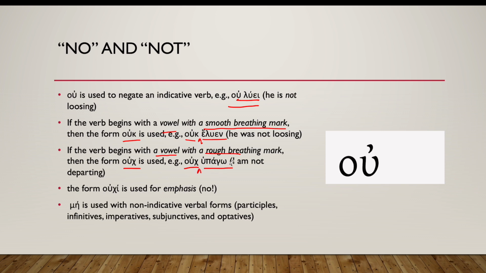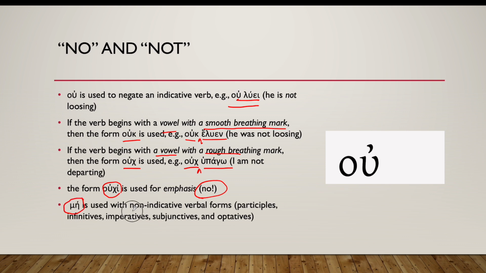Okay. Now there's a form of ou that's used to emphasize negation called ouchi. Ouchi. It means no, it's emphatic. And there's another particle for negation, and that's me.